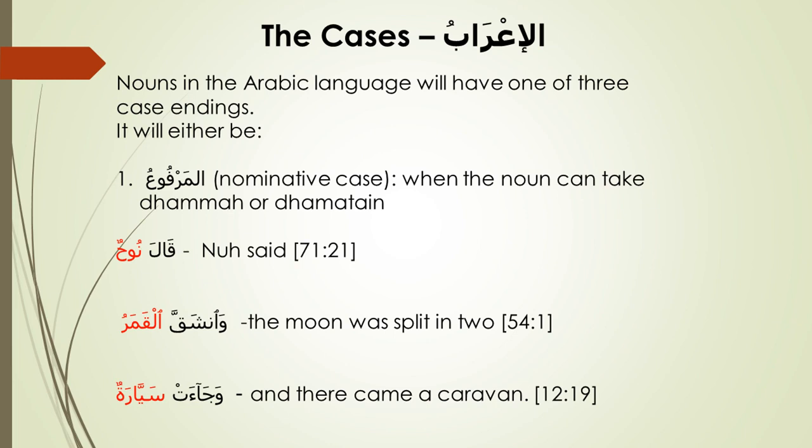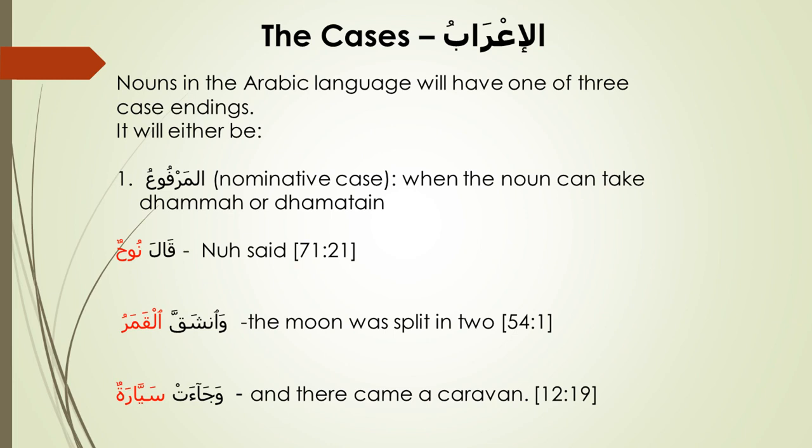Why is one ending in tanween and the other in a dhamma? Who remembers? Well, they're both definite. Nuhun is definite as well. But one has an alif and lam, so the tanween is dropped. Without the tanween, it will become qamarun.